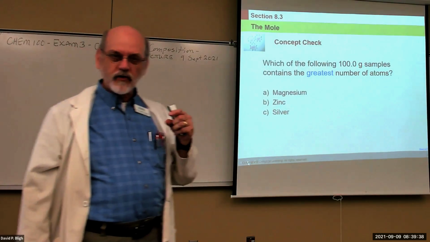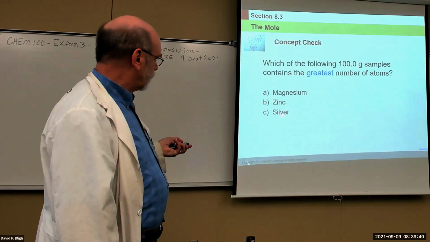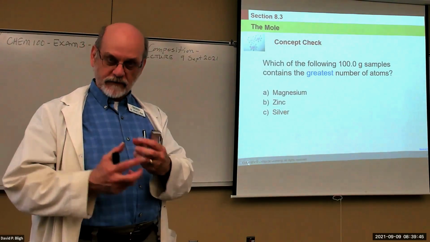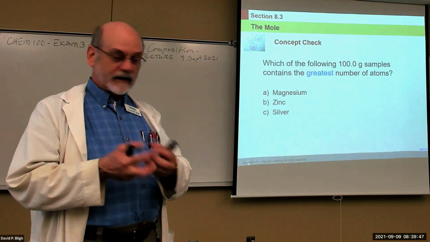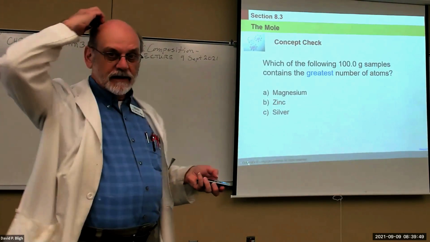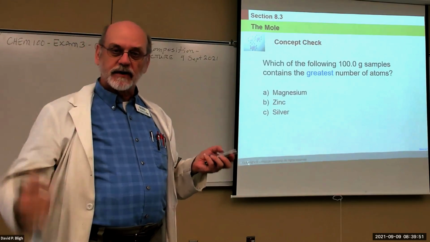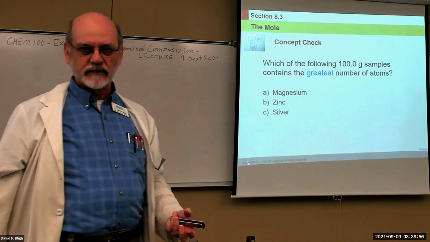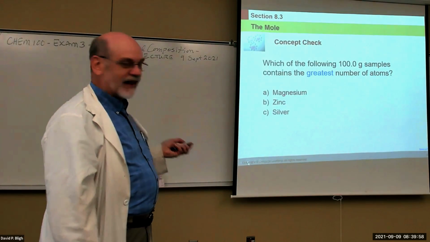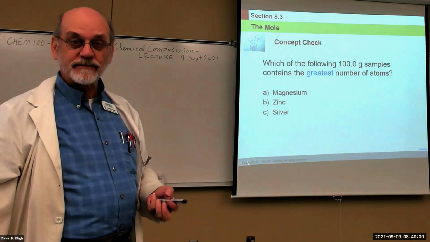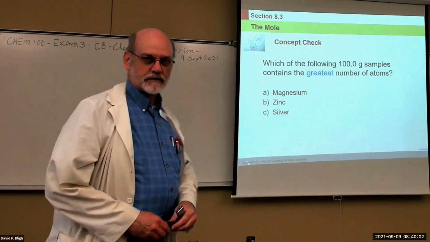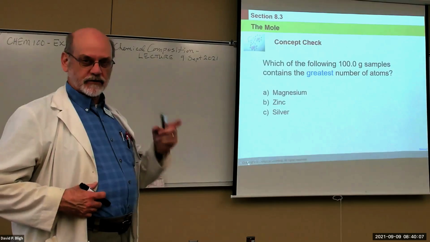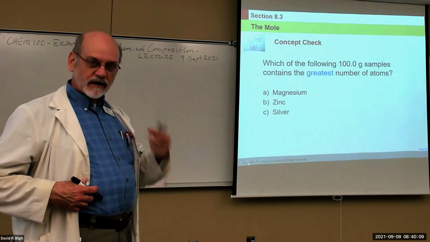how do we get 100 grams of silver? You have a certain number of atoms, and that gives you 100 grams. How about zinc? Zinc will take more atoms, because zinc is a lighter atom. It takes more of them to make 100 grams. And magnesium is even lighter than those two. It takes many more atoms of magnesium to make 100 grams, because it's a lighter atom.